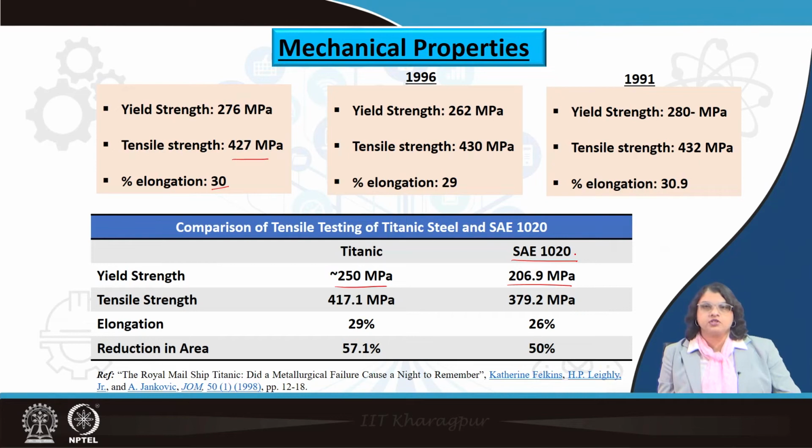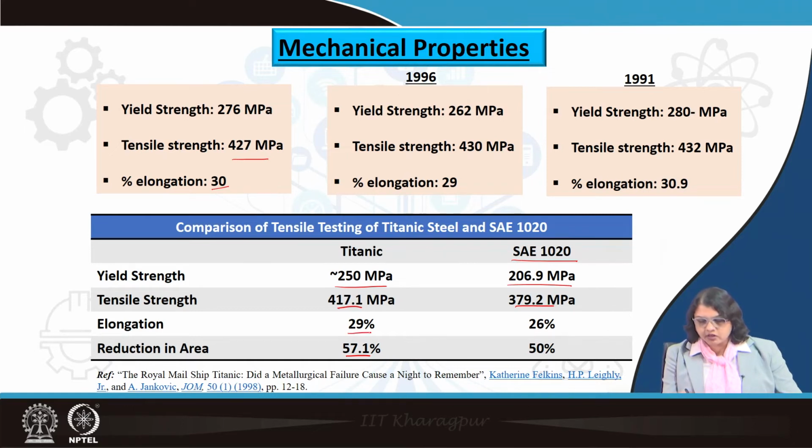So, several kinds of shipbuilding steels are used for comparison, just to check whether the properties of this Titanic steel are up to the level. And what we can see is that both the yield and ultimate tensile strength are actually exceeding the present day steel, and not only that, the reduction in area, which again signifies ductility, is also quite comparable.